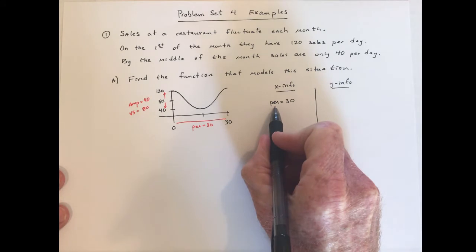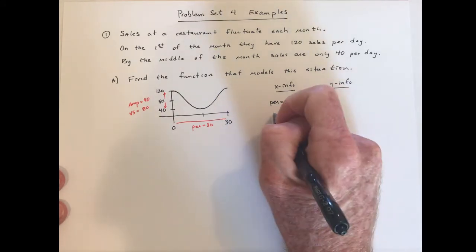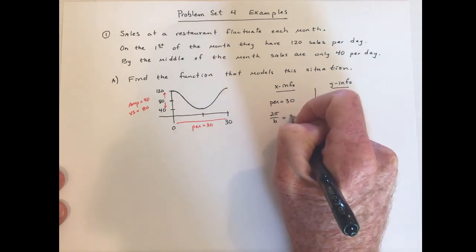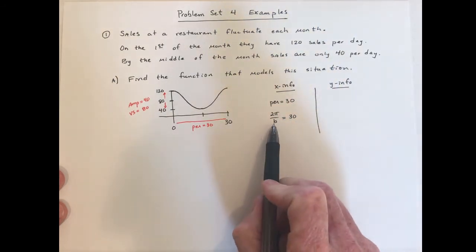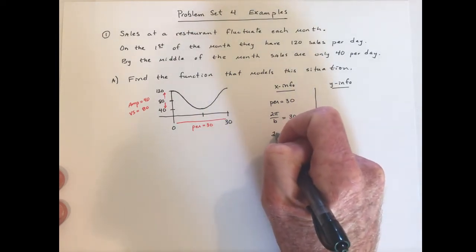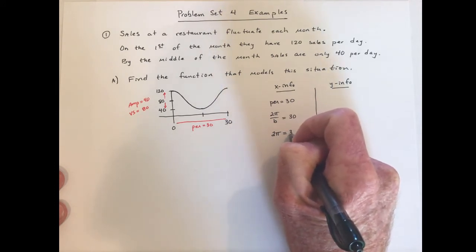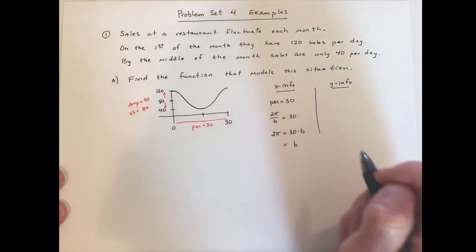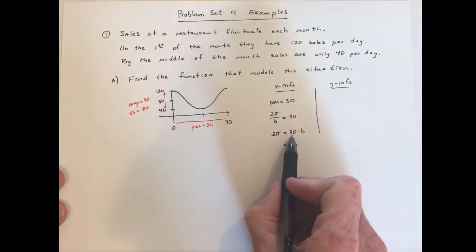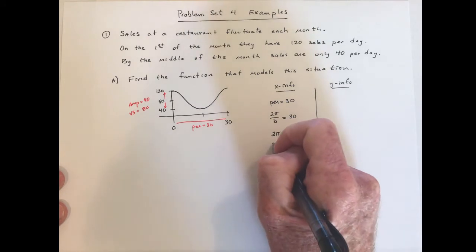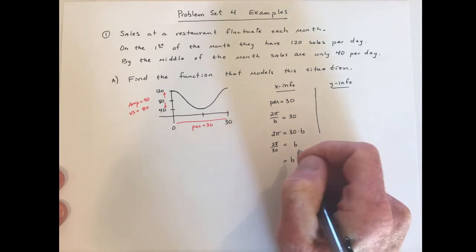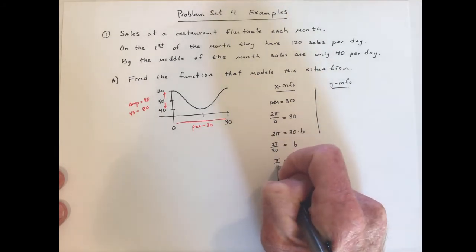And the formula for period is 2 pi divided by b. So 2 pi divided by b equals 30. And then with this equation, what I could do is multiply both sides by b. So then I would say 2 pi equals 30 times b. And then to solve for b, divide both sides by this 30. So this side is going to have 2 pi divided by 30, and then that could be reduced. It's pi over 15.